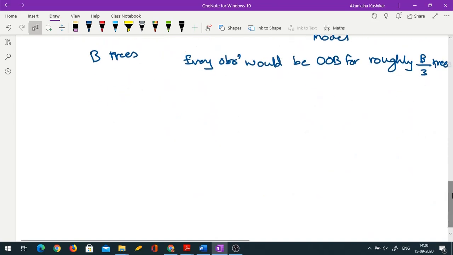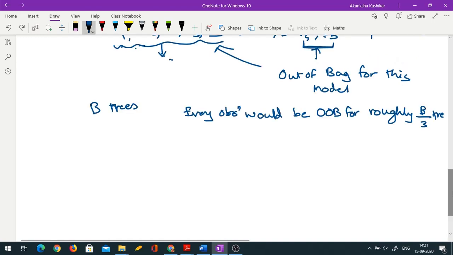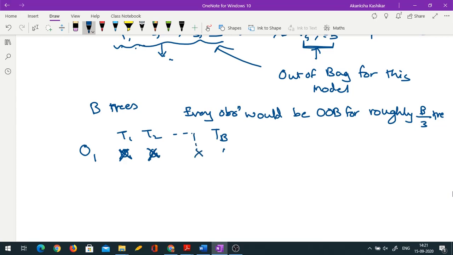So what you do is, first you do bagging, you get the trees. After fitting the trees, you start with say observation 1. You see for which trees observation 1 is out of bag. Now you have B trees, T1, T2, up to TB. Suppose O1 was not present in the first bootstrap sample, so it is out of bag for this. Suppose it was not in the second sample also, and say here.